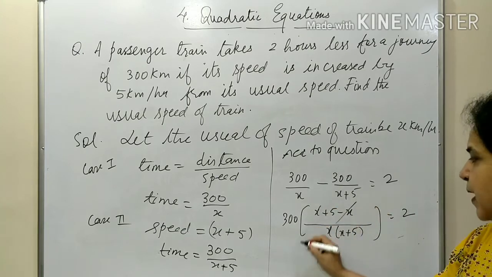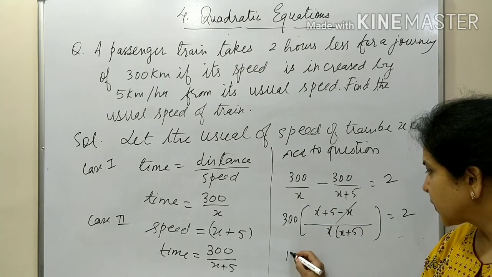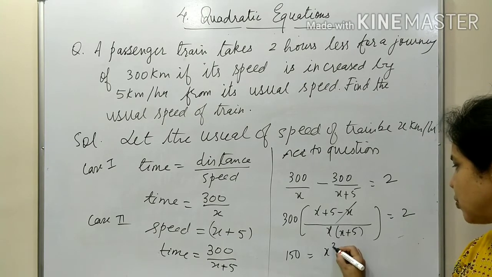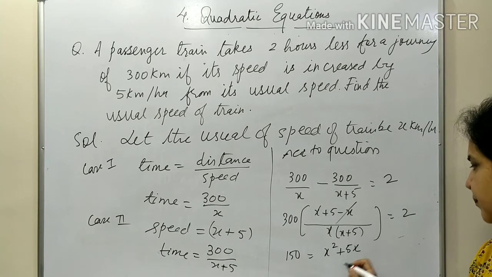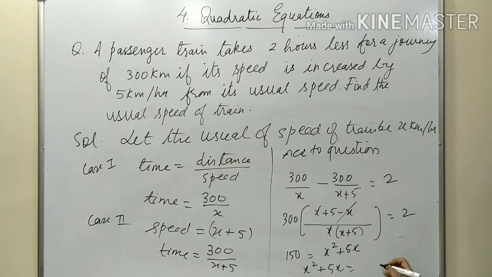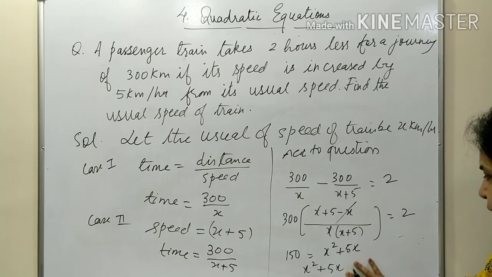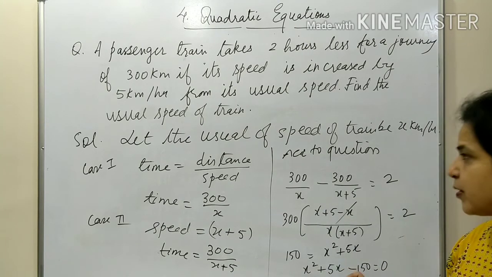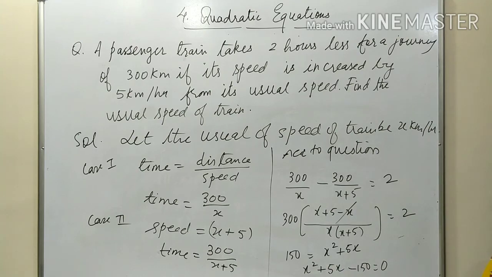So plus x minus x cancel. So 150 equals x square plus 5x. So x square plus 5x minus 150 equals 0. Now solve this quadratic equation, you will get the answer.